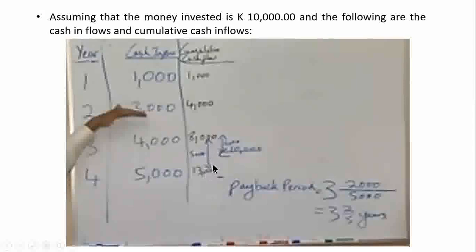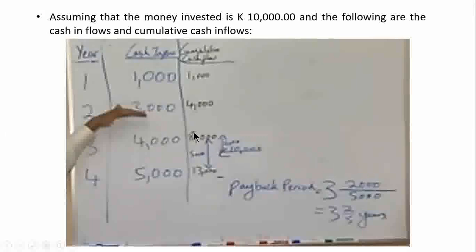So now, what is the period? You count from the beginning: 1, 2, 3. So you write 3 here. But remember, you don't have the exact 10,000 here. You're in between 8 and 13, so it's a fraction. How do you know this proper fraction? You put 10,000 somewhere, then do the difference: 10,000 minus 8,000, you get 2,000. That's what you put on top.